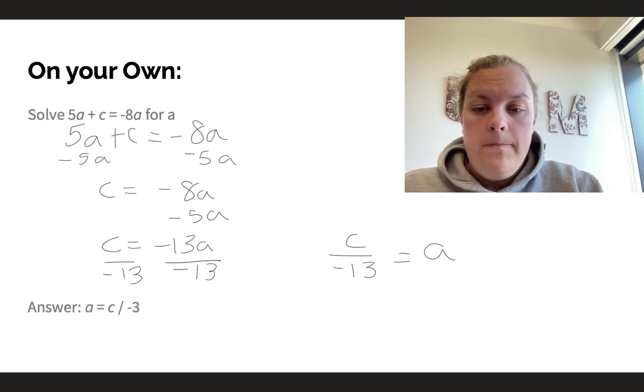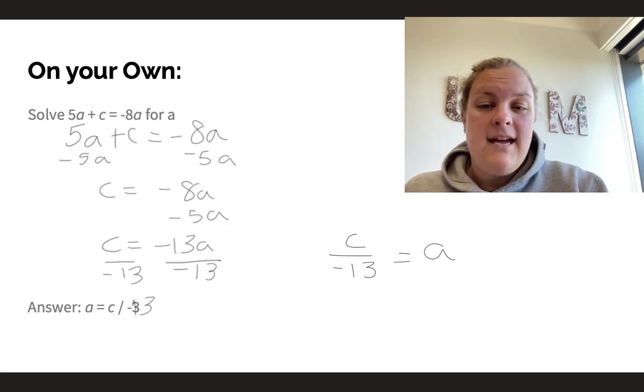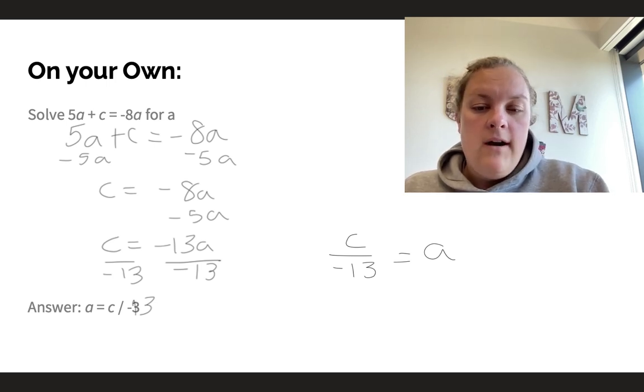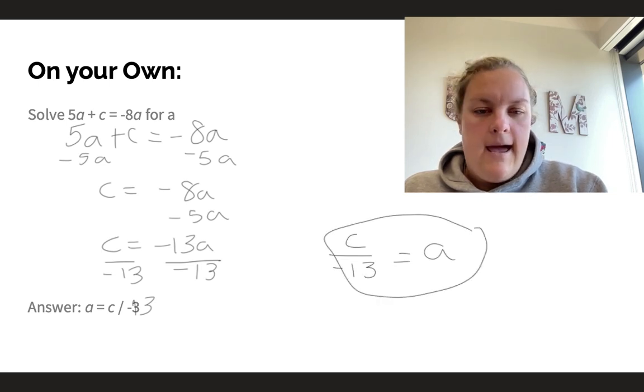So be very careful. This is actually negative 13a. Be careful with your negatives because negative 8 minus 5 is negative 13, not negative 3. So hopefully your answer that you got in the final part should be c divided by negative 13 equals a.